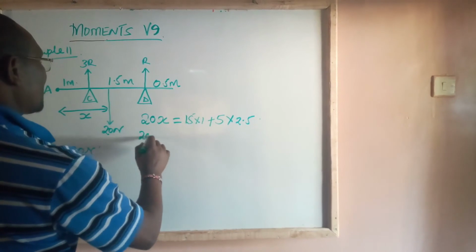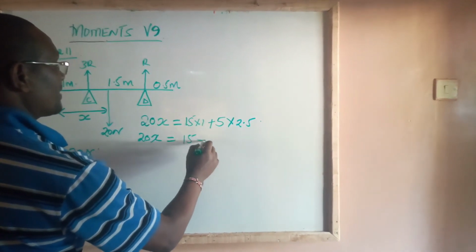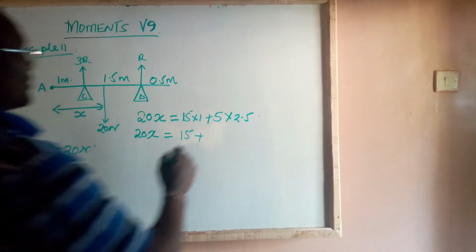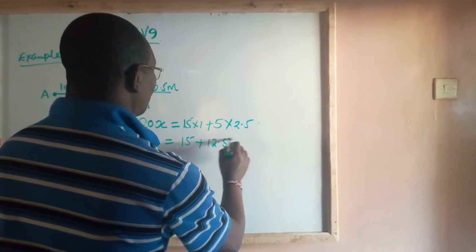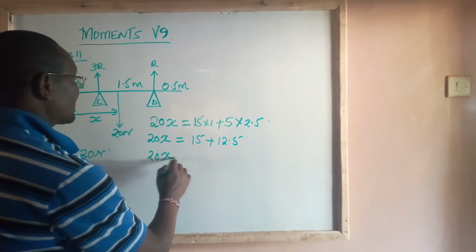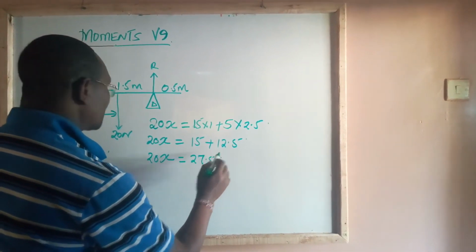Well, 20x is equal to 15 plus 5 times 2.5, which is 12.5. And of course, we are going to have 20x being equal to 27.5.